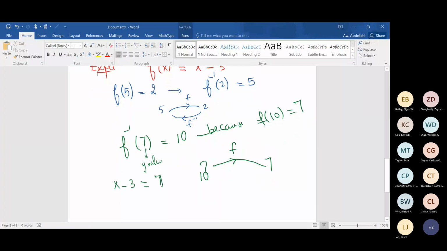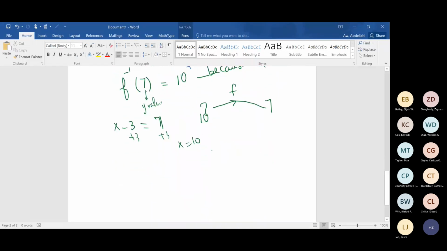I solved the equation x minus 3 equals 7, f of x equals 7, and then I added 3 on both sides, so I get x equals 10, right? And this is what you're going to do every time. If you want to find f inverse, you have to solve some type of equation.